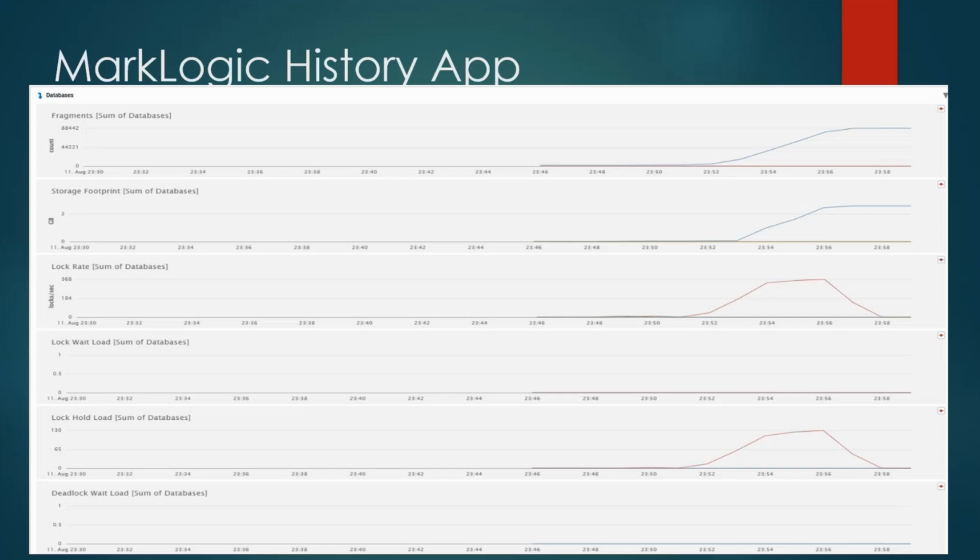This last one, this is one we really want to pay attention to, the deadlocks here. If you ever see the deadlocks above 0, that's something that's worth investigating. We can have multiple processes that are working with MarkLogic, trying to get read locks, trying to get write locks, and if we get 2 that are each waiting for the other one to release a lock so that they can get a lock, then they are in a deadlock contention.